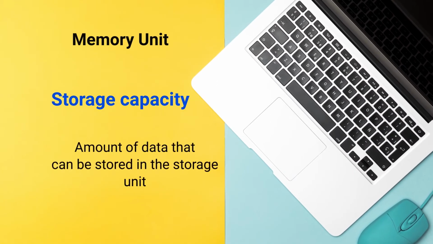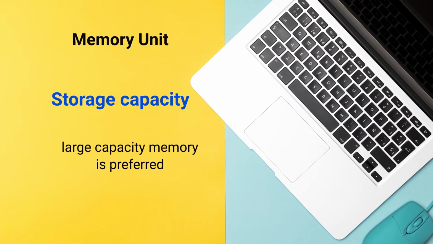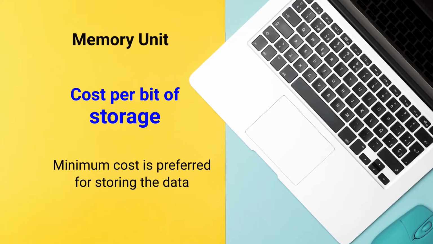Secondly, the more data we can store, the faster the processing would be. Thirdly, cost is of paramount importance, because if the cost of storage increases, then the overall cost of the system increases.